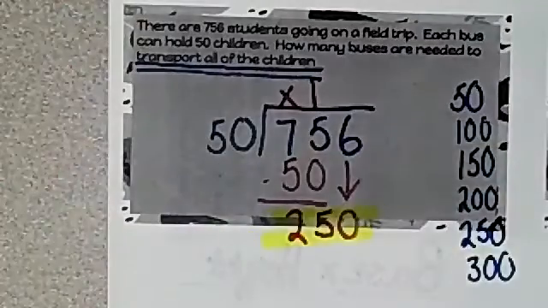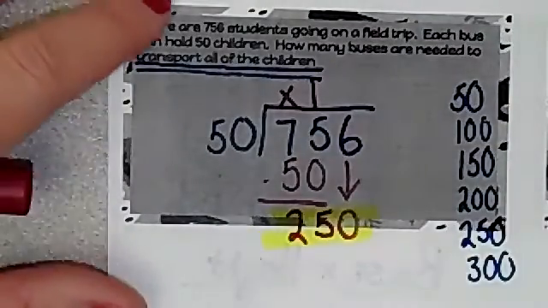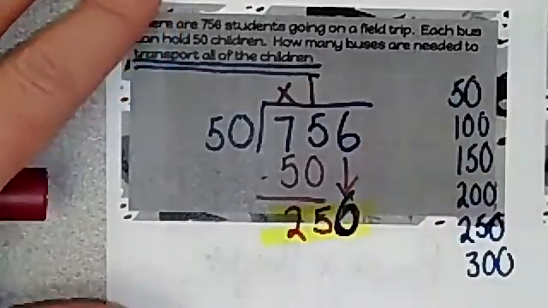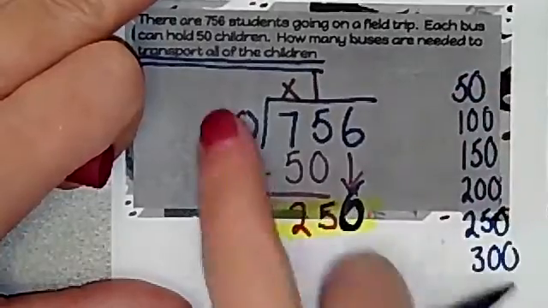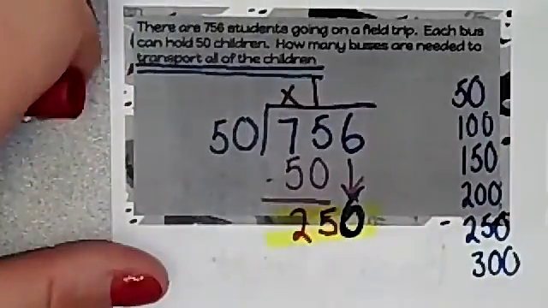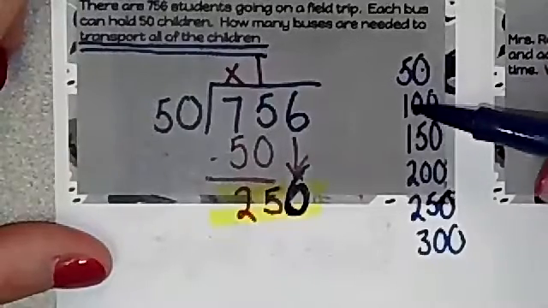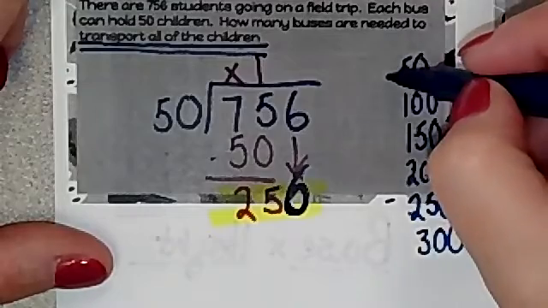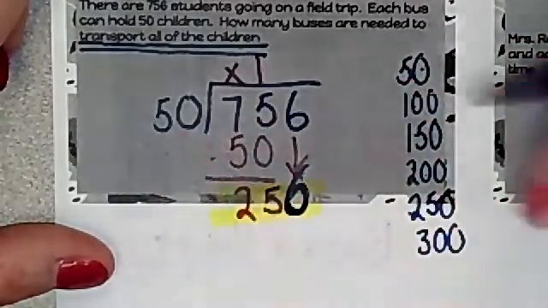Now, Talia. Sorry, thank you for stopping me before I do something crazy. This is 256. Now, Talia, how many 50s are in 256? Look at your list. Look again. It's 50, not 30.